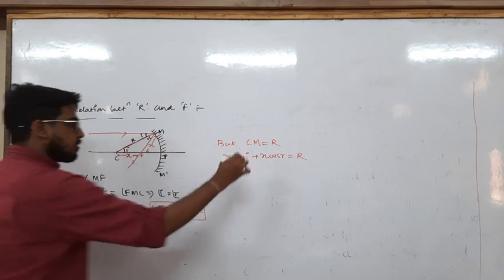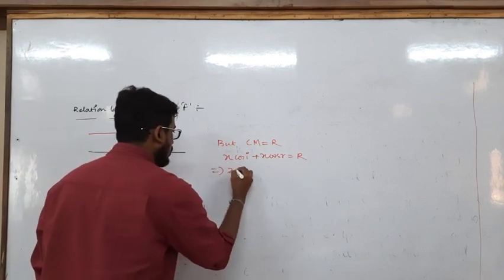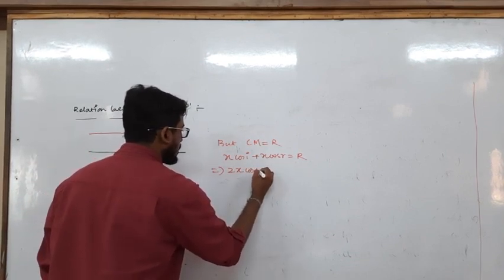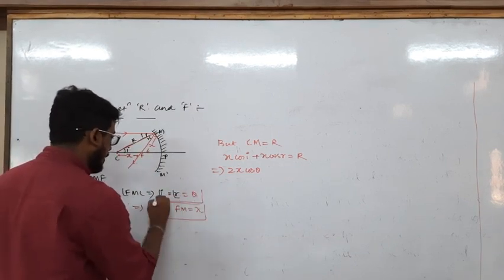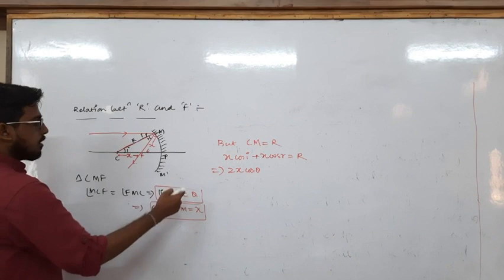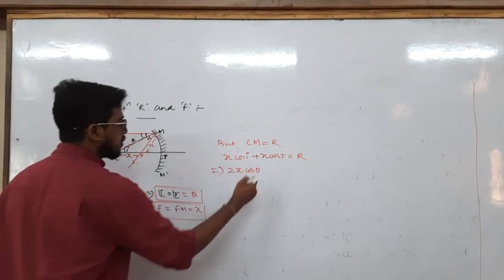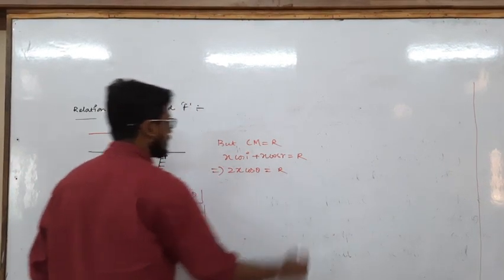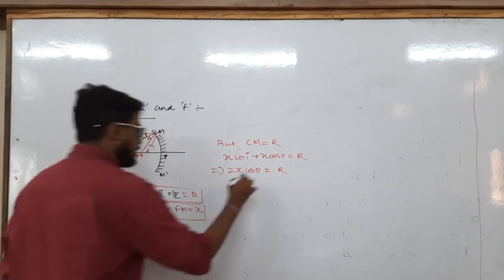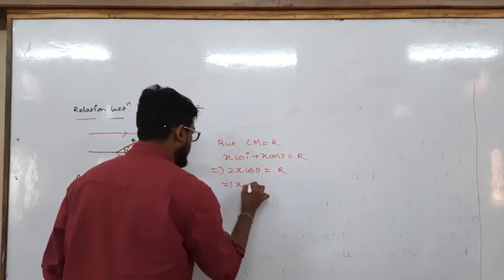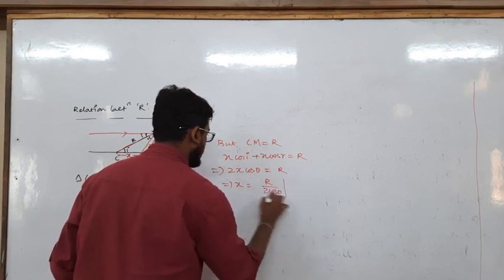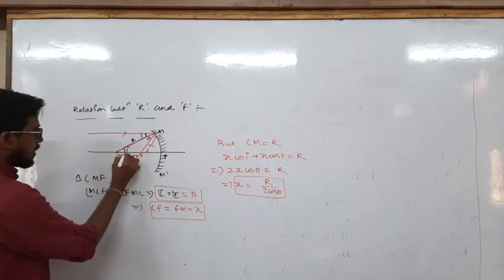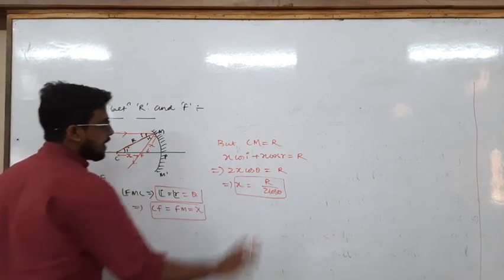R. So this can be written as 2x cos theta, if i and r both are equal to theta. So 2x cos theta equals R. From this we get x equals R by 2 cos theta. This is the value of x.